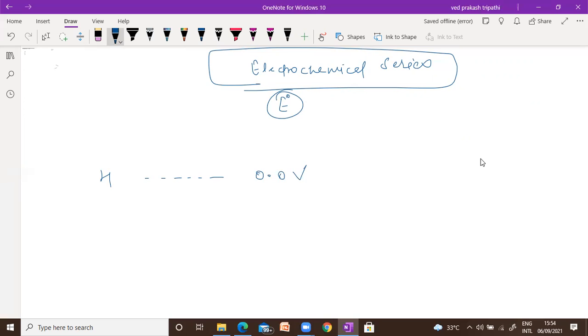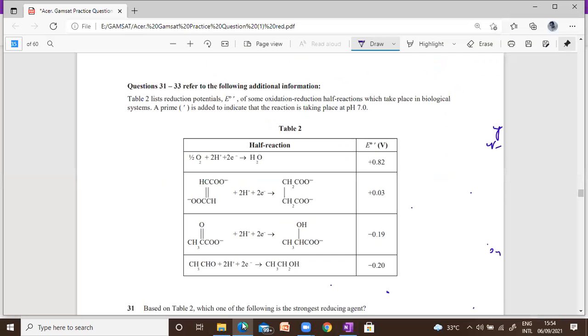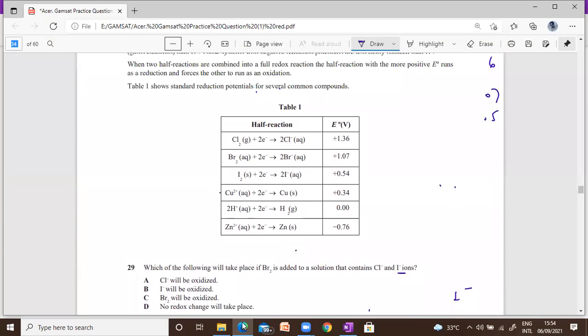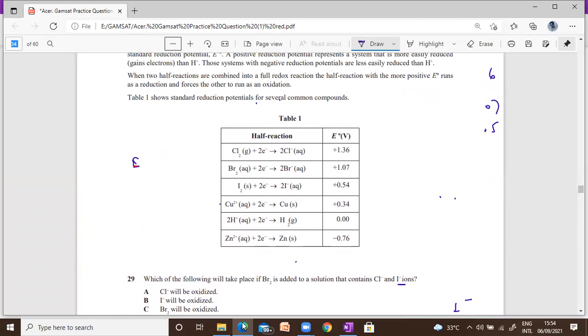Below hydrogen and above hydrogen. So above hydrogen we have copper, we have Br2, and so on. Yes, we have this electrochemical series, suppose. So you can say here hydrogen has zero E naught.